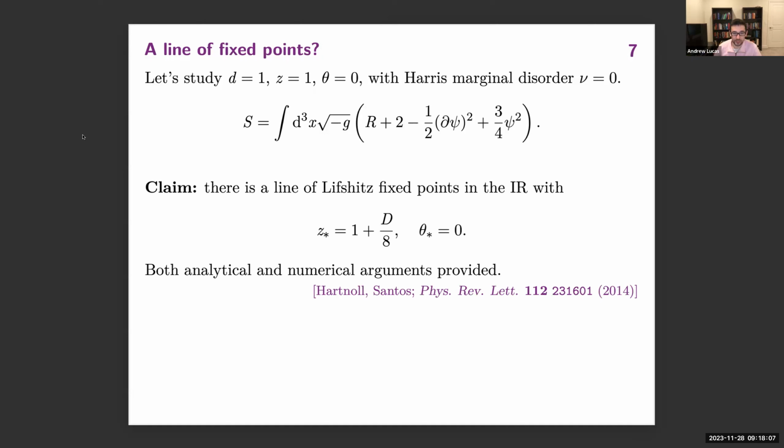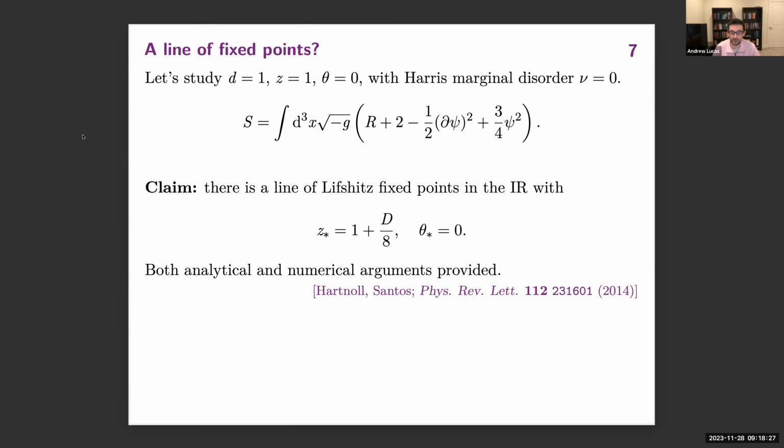And in 2014, Hartnoll and Santos claimed that if you solve for, let's say, zero temperature geometries in this theory, you'll find that they flow to Lifshitz fixed points in the IR.